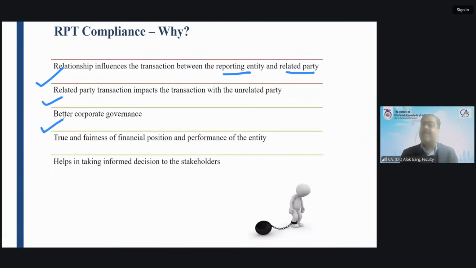Related party compliance is required for better corporate governance. The true and fairness of the financial position and performance of the entity is revealed by proper related party compliance in the books of the reporting entity. Okay. So friends, for example, there is an entity A Limited, right?